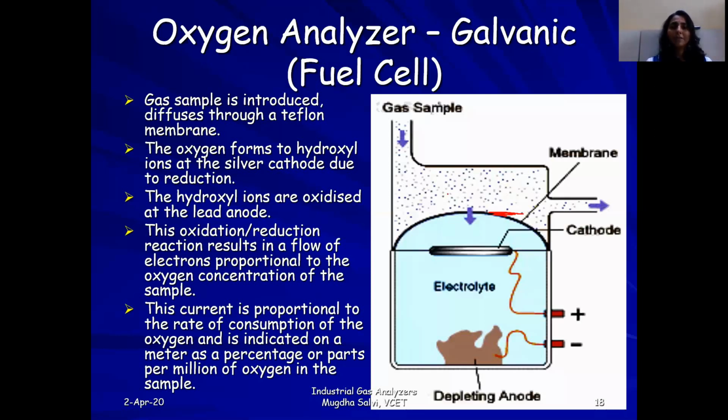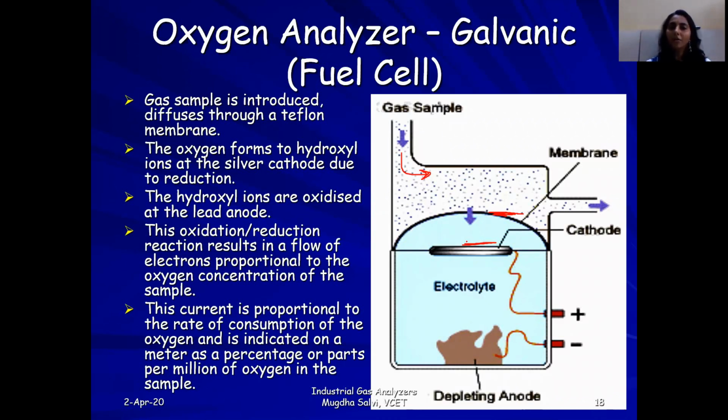Now whenever the sample is entering, if it has oxygen, it will form hydroxyl ions. After that it will undergo reduction at the cathode, and at the anode it will undergo oxidation.